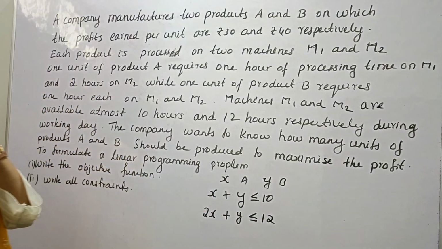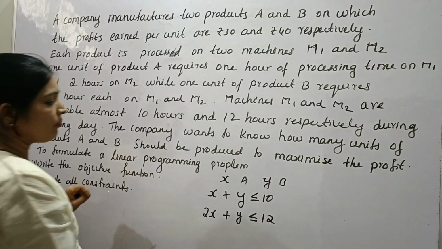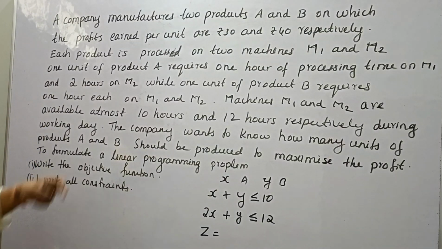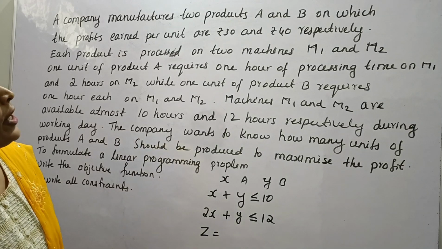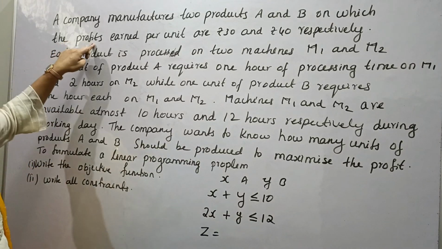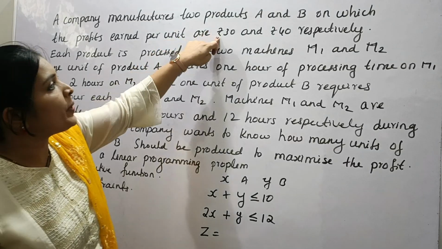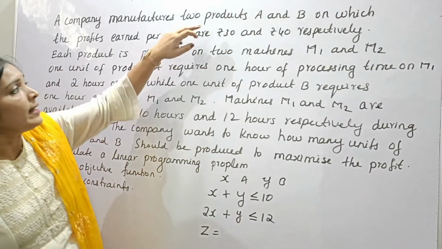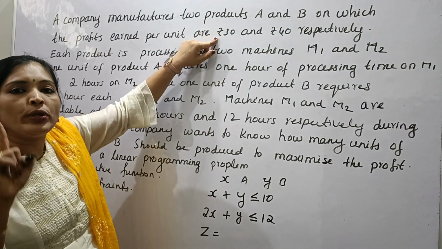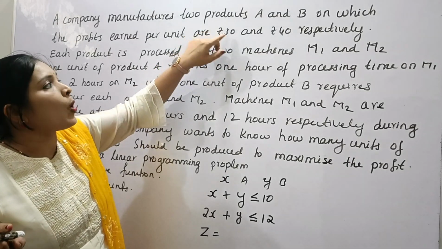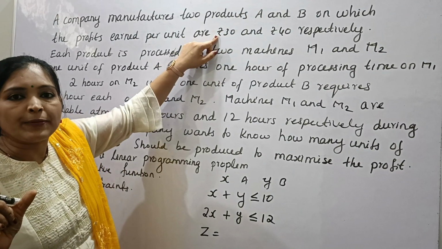Next, let's write the profit. Profit Z is equal to, see, here it is given: a company manufactures 2 products A and B on which the profits earned per unit are rupees 30 and rupees 40. The profit of 1 unit of product A is rupees 30.